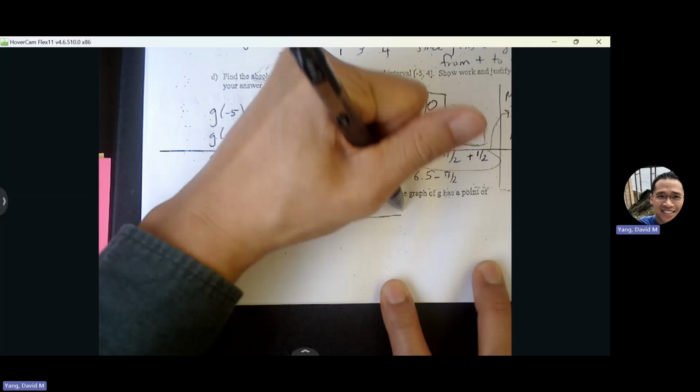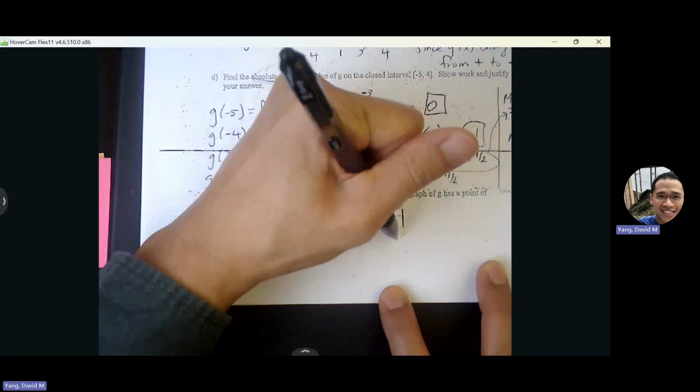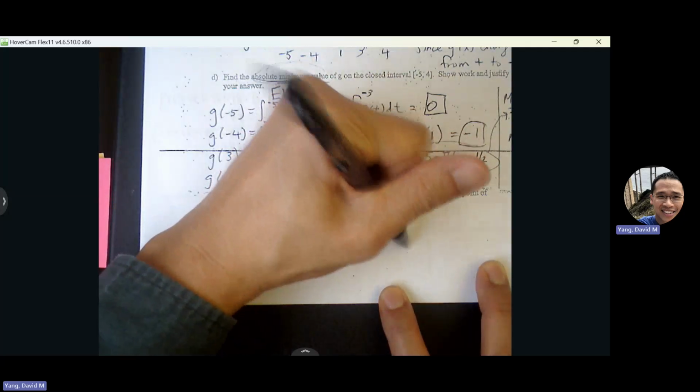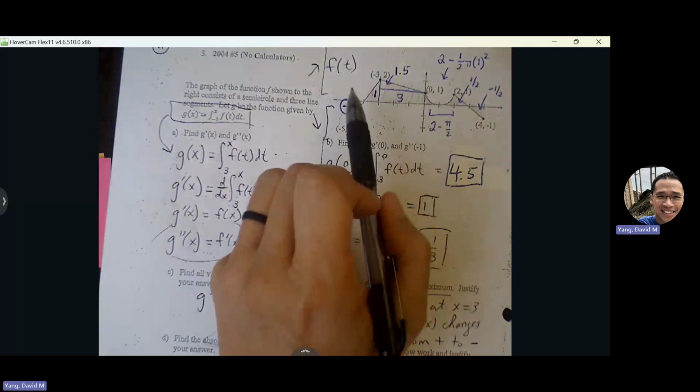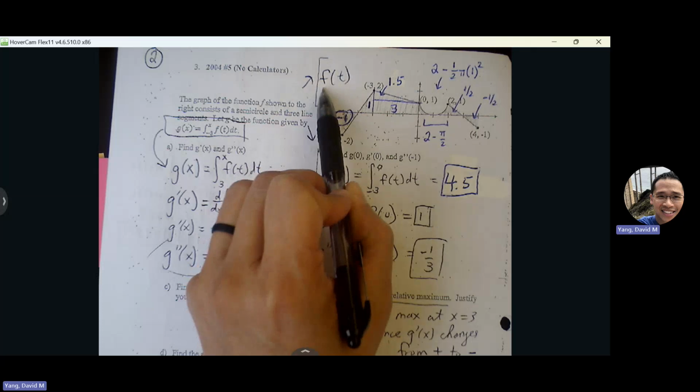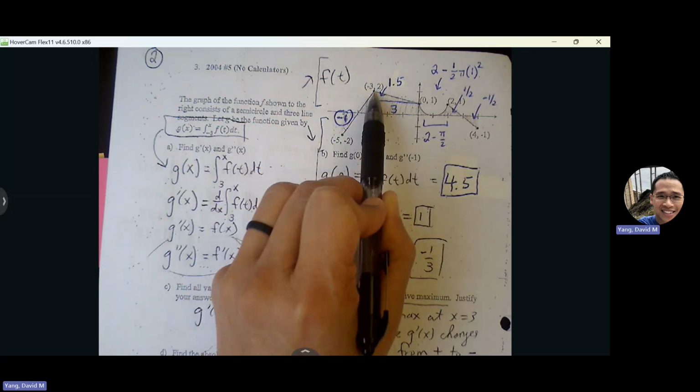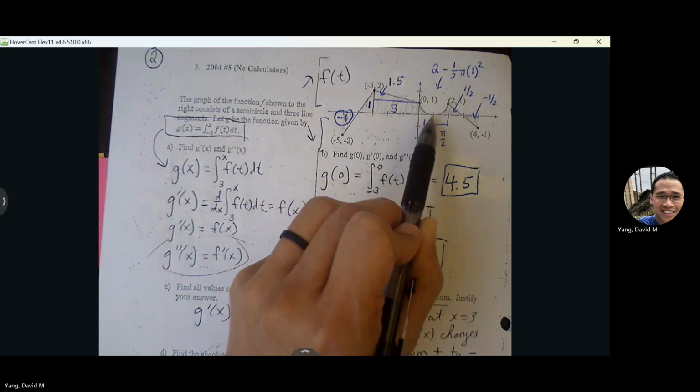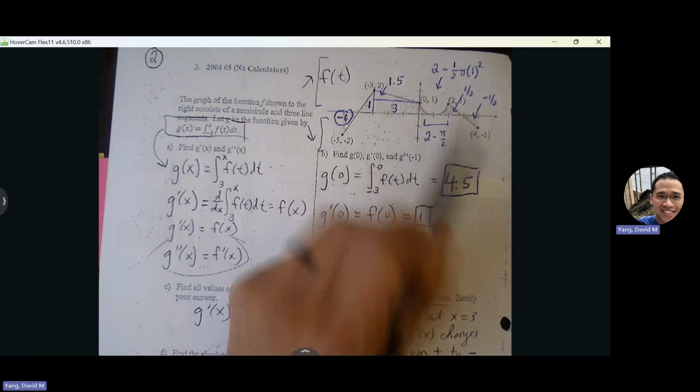Again, my endpoints are between -5 and 4. And I'm just picking out the hills and valleys of my g prime. This is my f of t, but this is my g prime graph. So -3, 1, and 2.